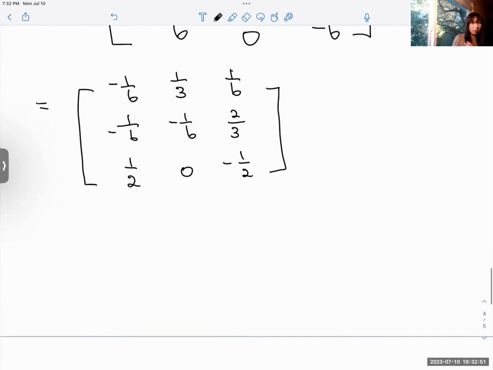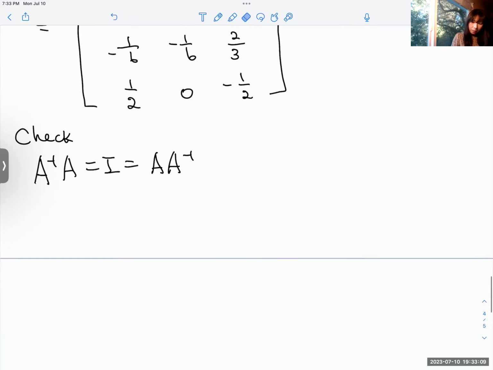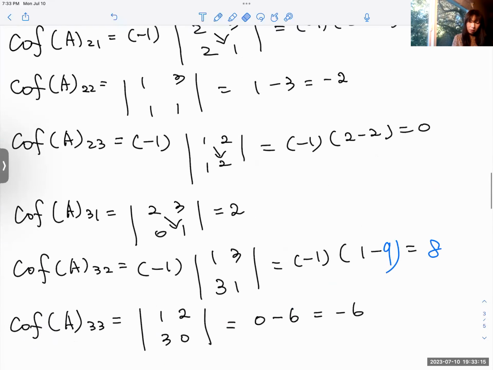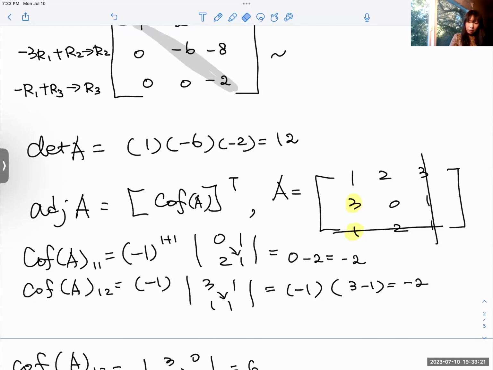Okay, we can check whether A and the inverse of A give the identity or not, right? We can check either one. Maybe we can ask the TA.